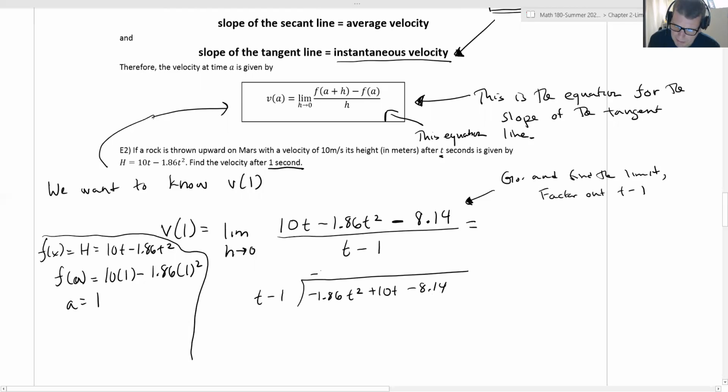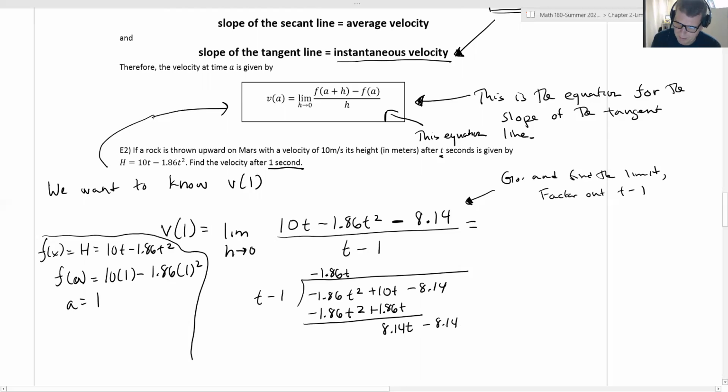This will end up being negative 1.86. Okay, so this is 86t. So that's negative 1.86 t squared. Okay, minus or plus 1.86 t. Okay, and so this is then going to be 8.14 t minus 8.14.